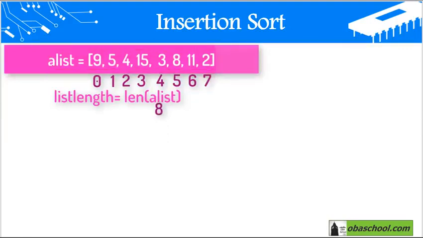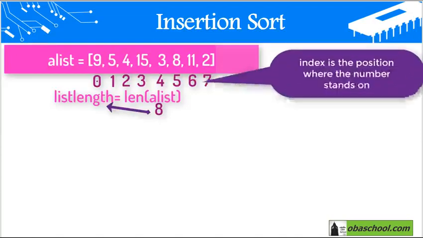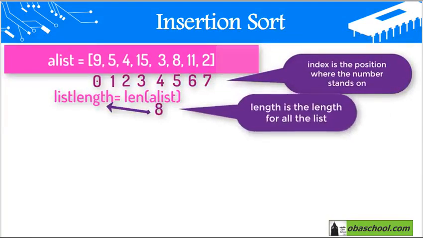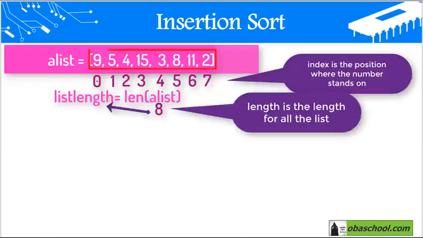So we put the 8 in the variable called list length. But we must be careful that the index is the position where the number stands, and the length is the length of the whole list, that is 8 numbers.